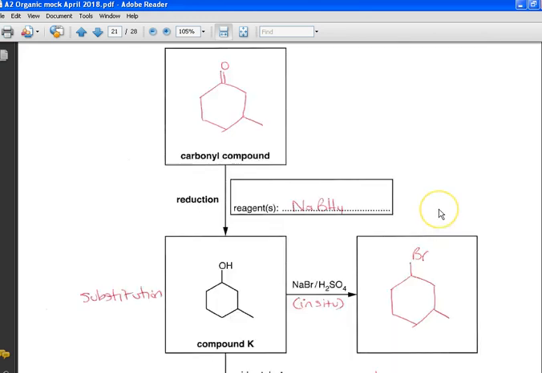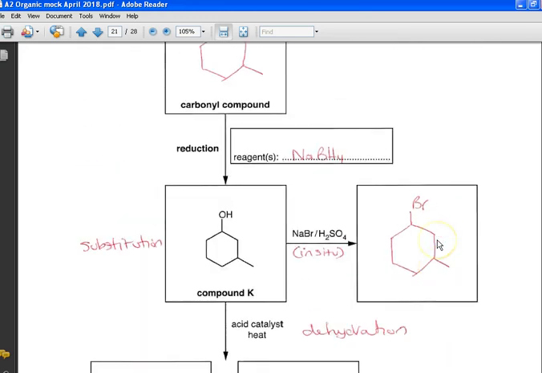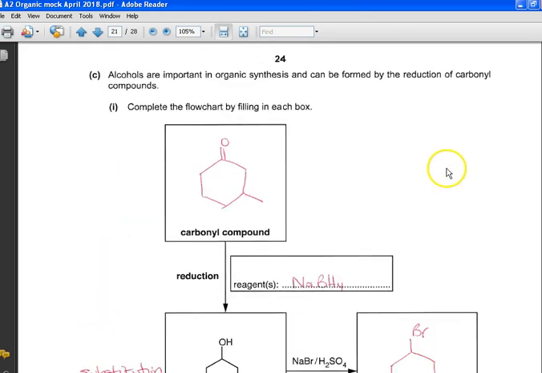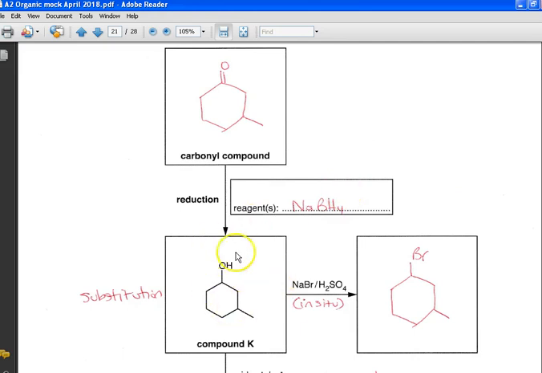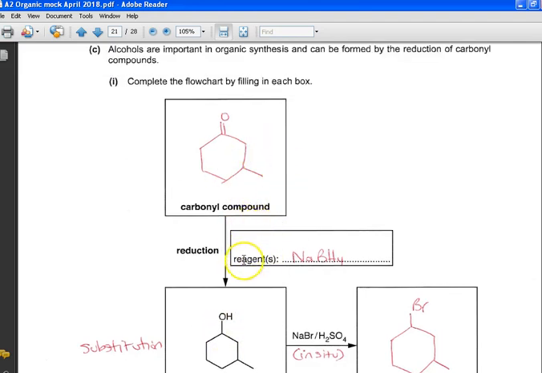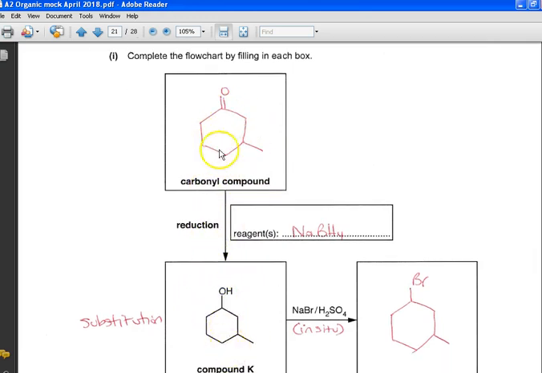Okay, yet another synthesis. You see how important it is that you really know these syntheses. So you're given this compound K in the middle here, and basically asked to fill in the rest of the flow chart. So if you reduce something, we've got something up here that you're reducing to form an alcohol.